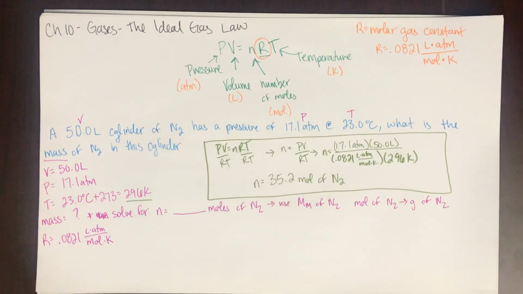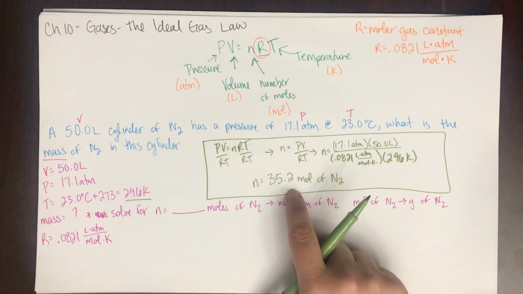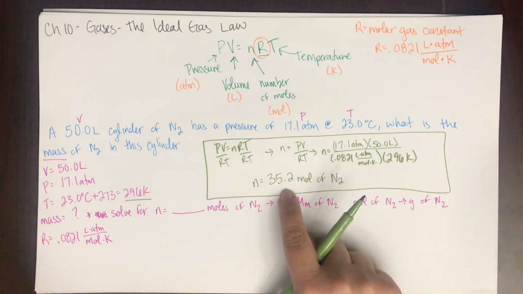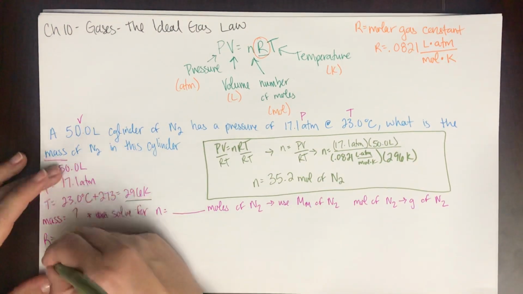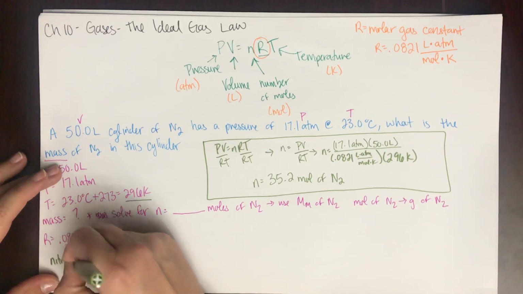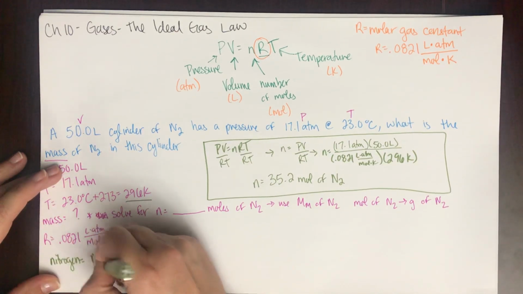This is not the answer to the question. The question didn't say solve the ideal gas law for n. The question said, what is the mass of nitrogen in the cylinder? Well, if I have 35.2 moles of nitrogen in the cylinder, I can use the molar mass of nitrogen to convert that to grams. Remember, nitrogen is diatomic, N2.